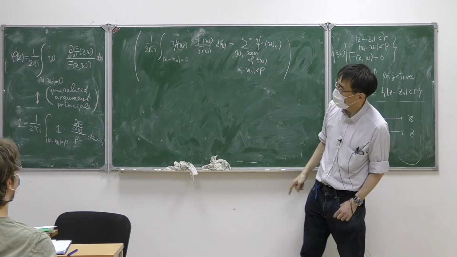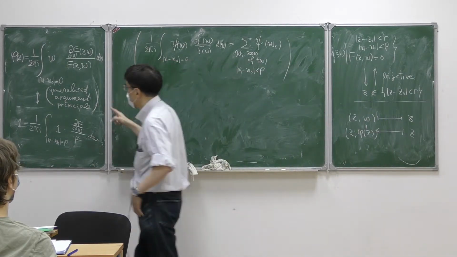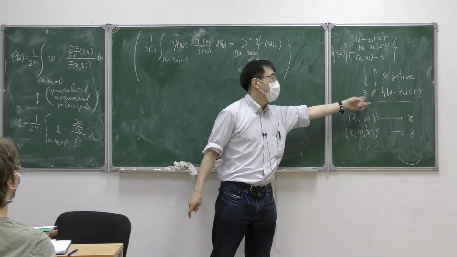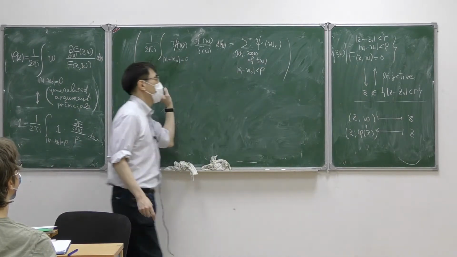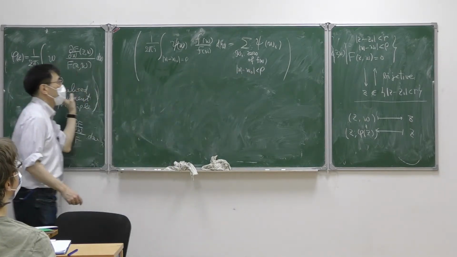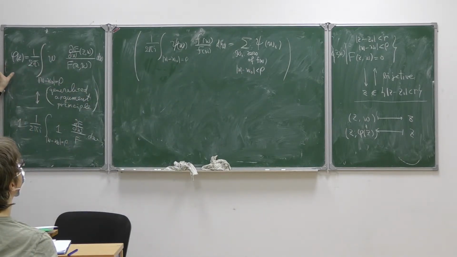This is the generalized argument principle. And here we have just one, as we have already shown; there is only one zero here. So we do not have to take a sum.